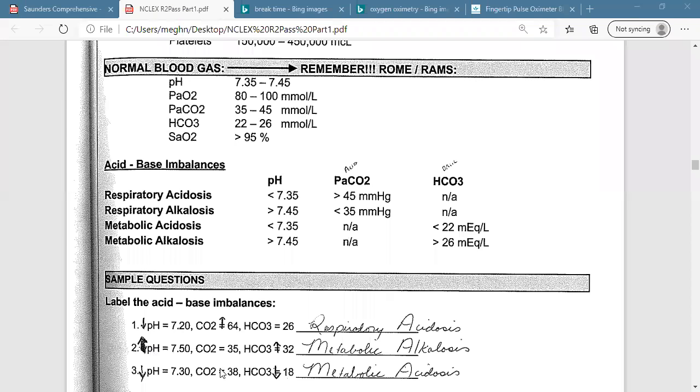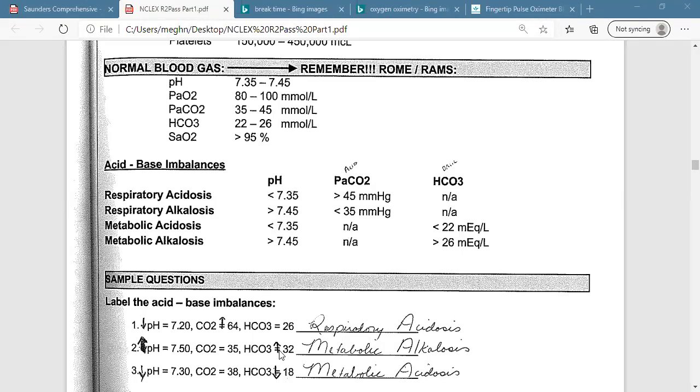Question number 3, the pH is 7.30, less than normal, so it is acidosis. And carbon dioxide is 38, which is within the normal range of 35 to 45. So carbon dioxide is okay, and maybe there is no problem in the respiratory.